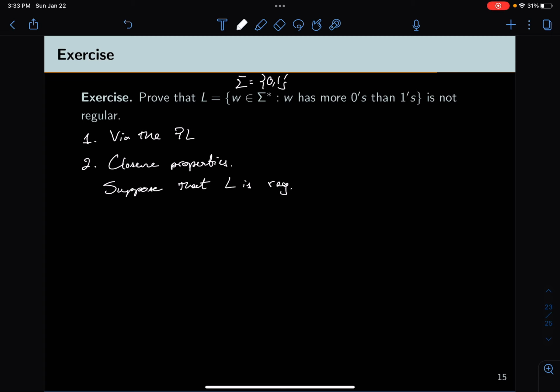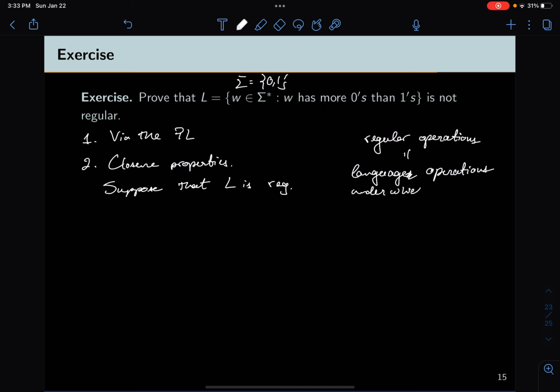We're going to try to apply some regular operations. By regular operations, I just mean language operations under which regular languages are closed.